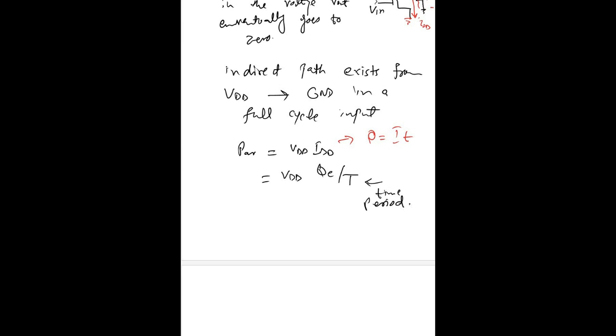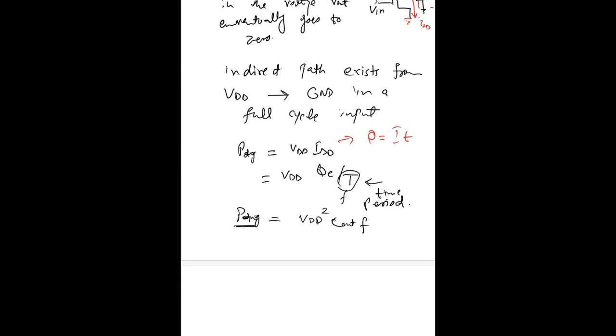If we replace the Q value, then P will be equal to VDD square C out and F. We replace this T by F here. This is not P average, this is the dynamic power.